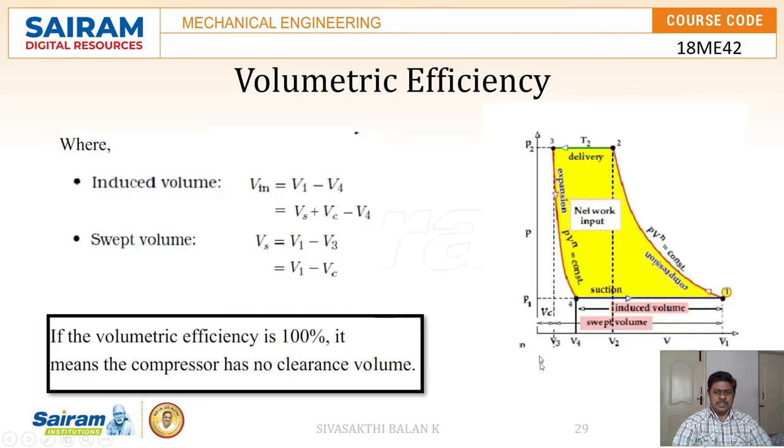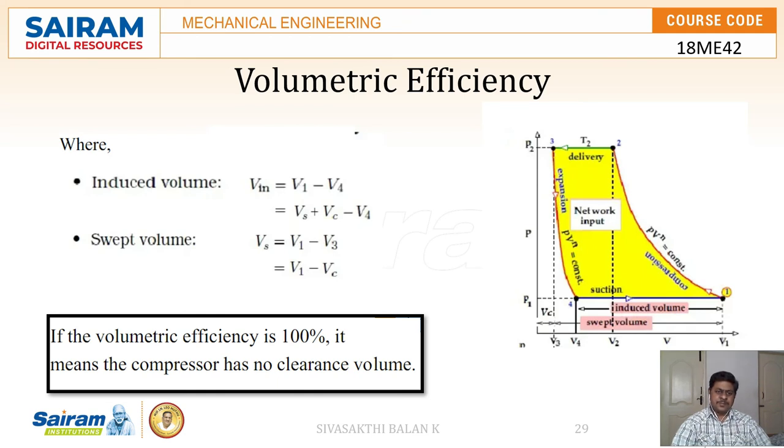Let us see this PV diagram with clearance volume, and derive how the volumetric efficiency arises. We know that the induced volume is equal to V1 minus V4, and V1 is the total volume of the cylinder, that is the sum of swept volume and clearance volume. So the induced volume can be written as Vs plus Vc, the total volume, minus V4.